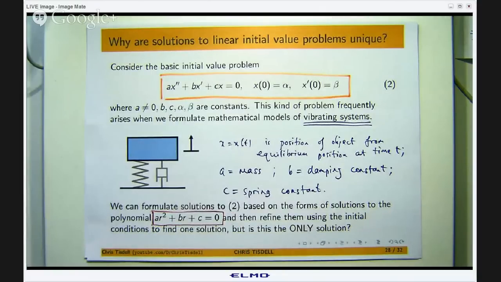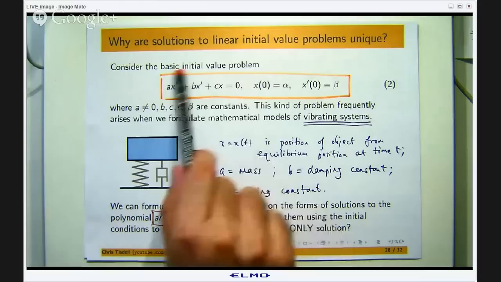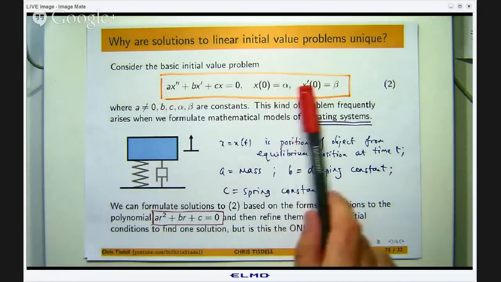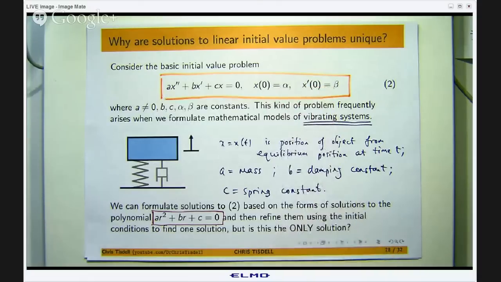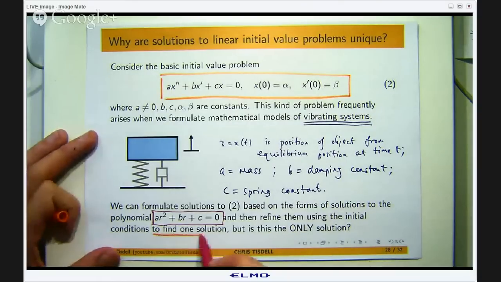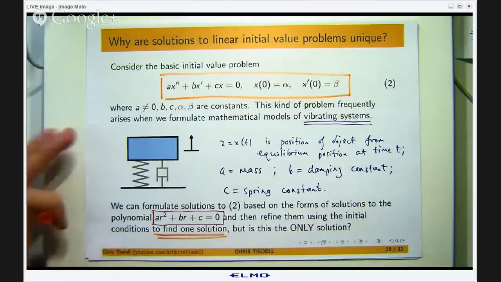If the roots are real and equal, then the general solution to this problem is a certain type. If the roots are real and unequal, then there's another type of general solution. And if the roots to this equation are complex, then there's another form of solution to this general problem. And then what you do is you incorporate the initial conditions and you refine the solution, okay? And what you end up with is one solution.